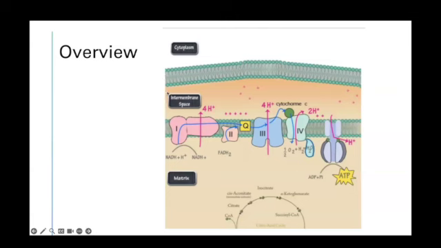And as electrons get transported through each of those complexes, 1, 3, and 4, not complex 2, just 1, 3, and 4, protons get transported from the matrix into the intermembrane space. So we have more protons, a lower pH in the intermembrane space than we do in the matrix.